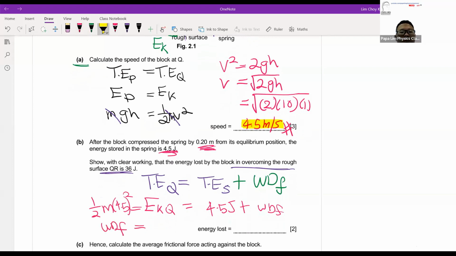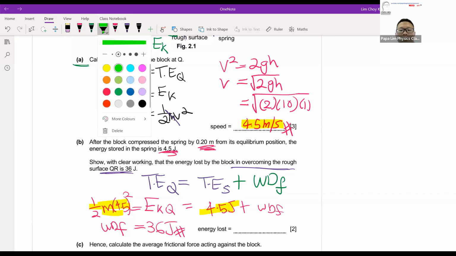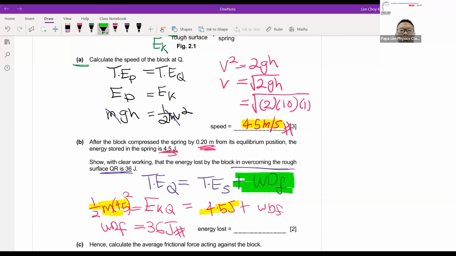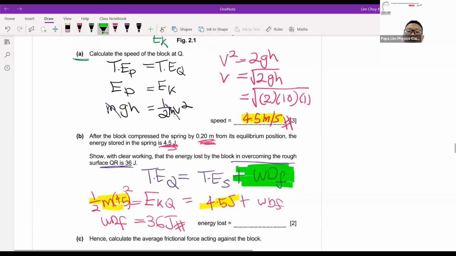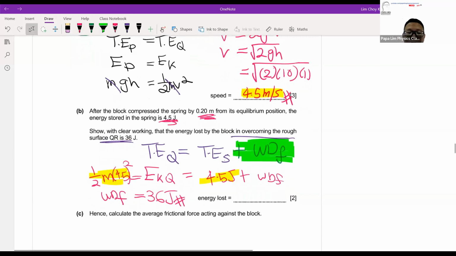You rearrange the values: half mv squared minus 4.5, and the answer will be 36 joules. So just take note of the energy conversion equations. Remember, from Q to S there is an additional energy, which we know as the heat loss, due to all the work done to overcome the friction.